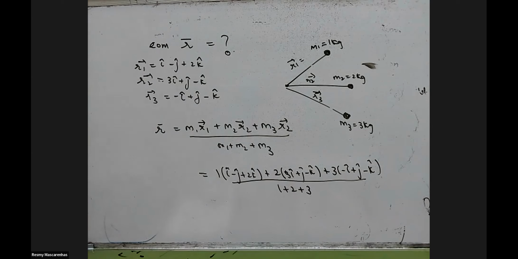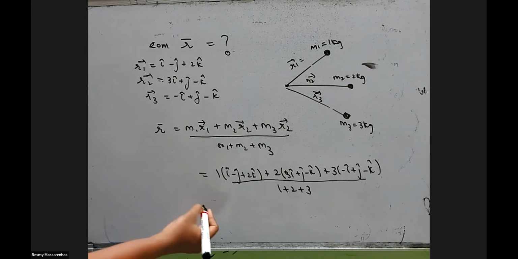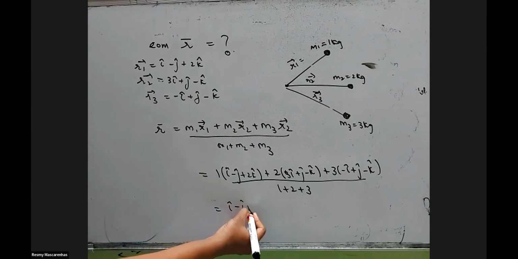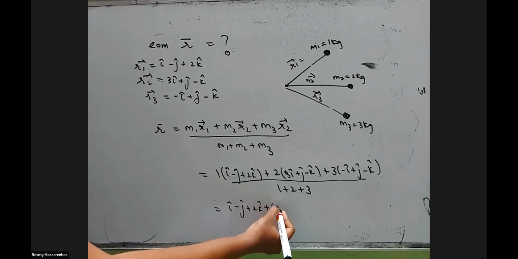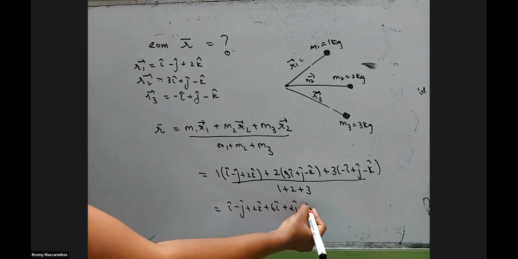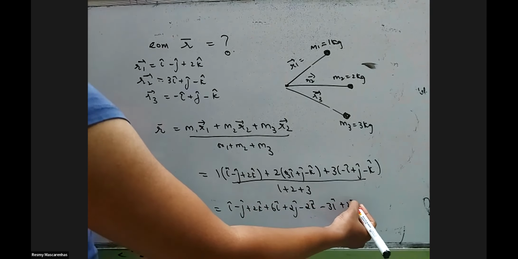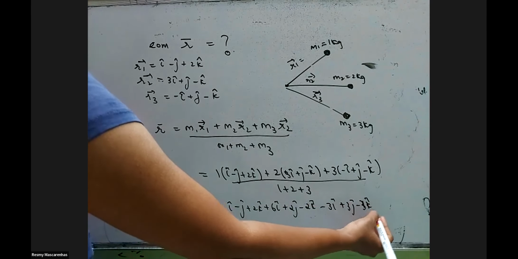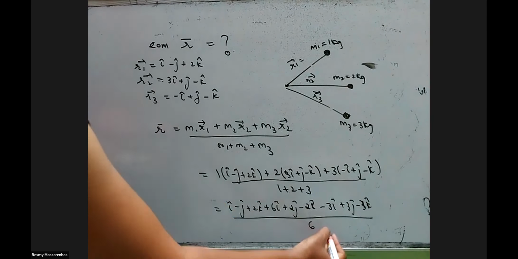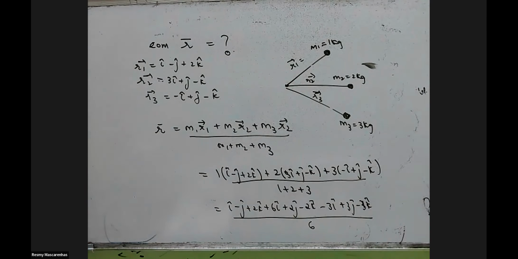Now open up the bracket, bring all I terms together, J terms together, K term, and write final answer. Open up the bracket and then simplify.